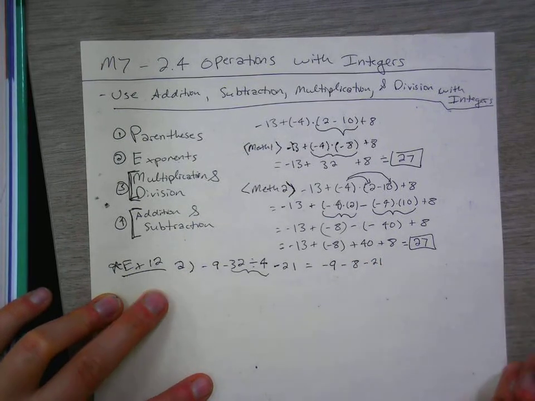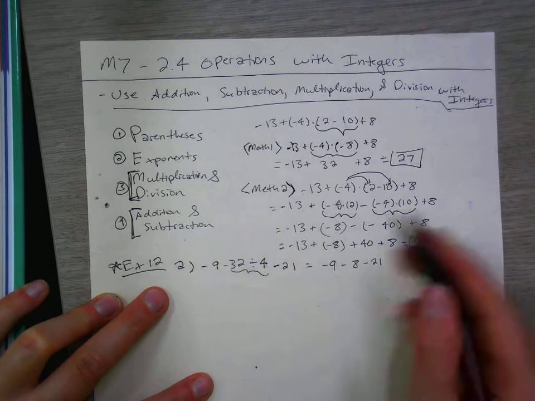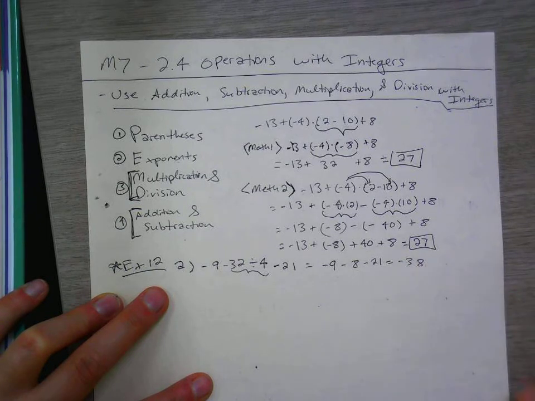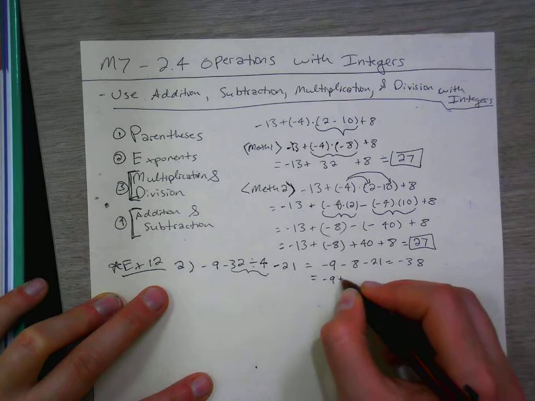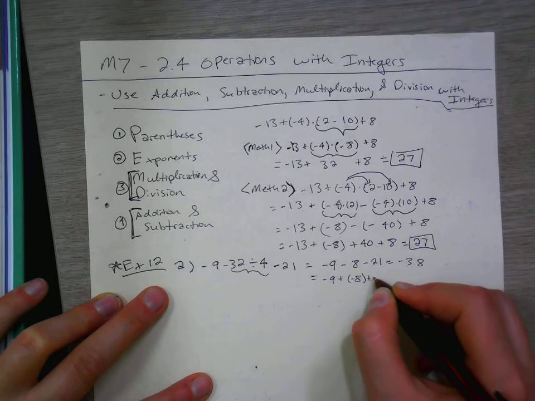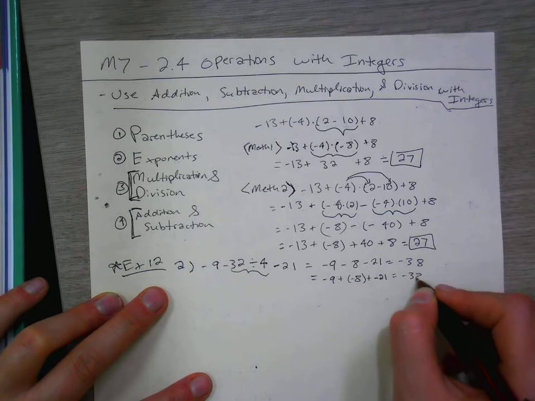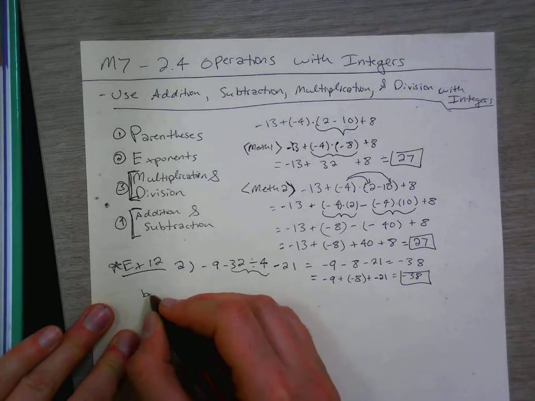Now we can add these all together, and of course that gives us -38. Okay? Because you could also write this as -9 plus -8 plus -21. Or we could write it as -38.